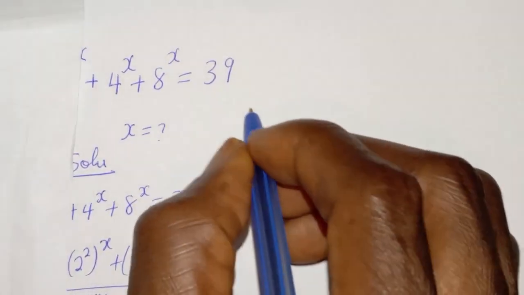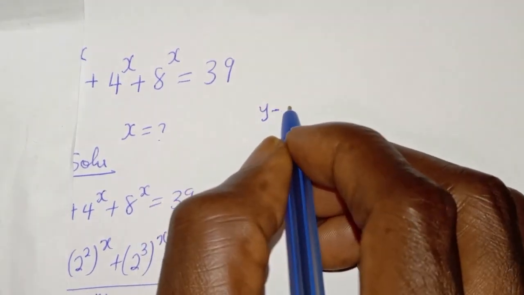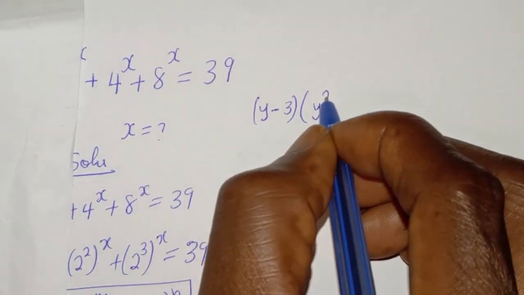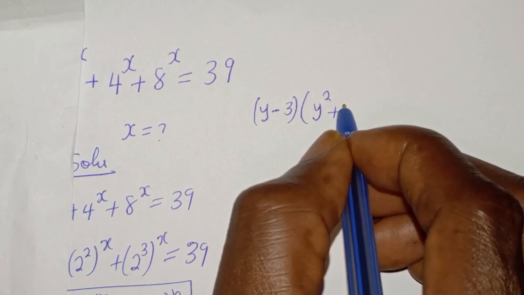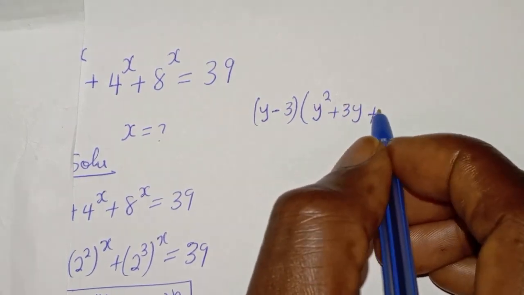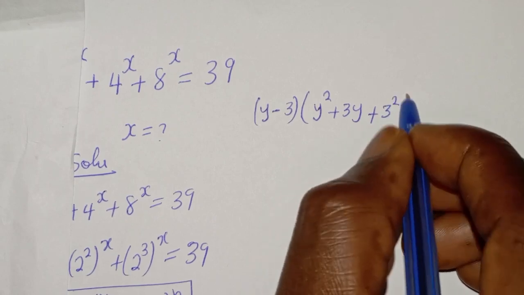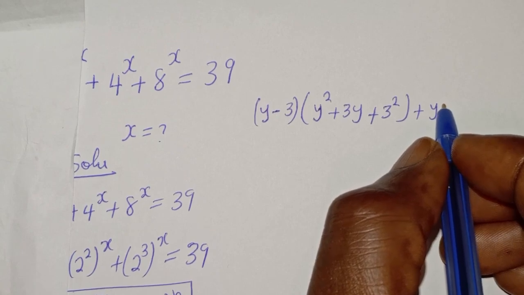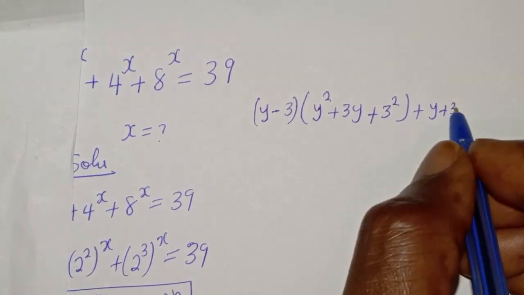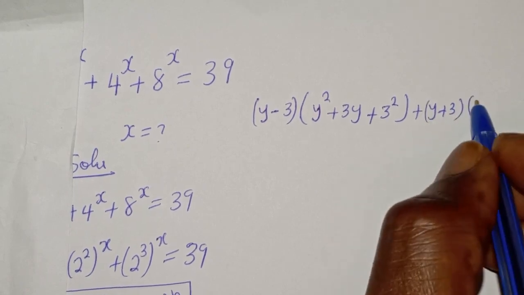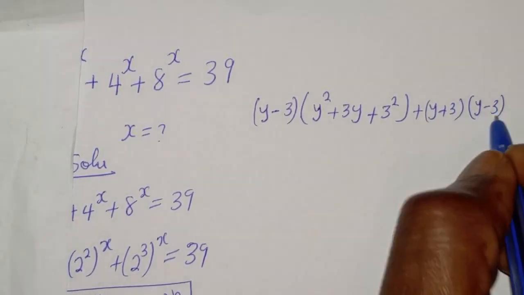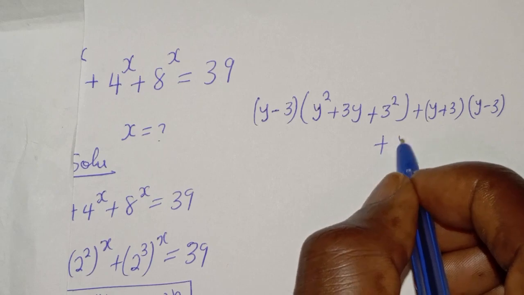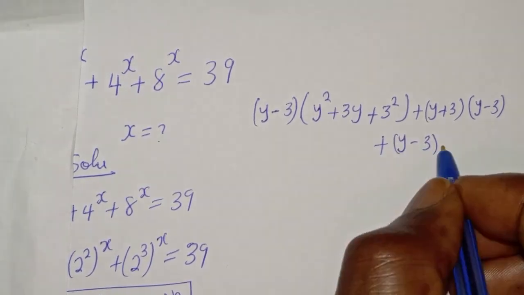Then we have y minus 3 bracket y squared plus 3y plus 3 squared, plus y plus 3 bracket y minus 3, plus y minus 3 is equal to 0.